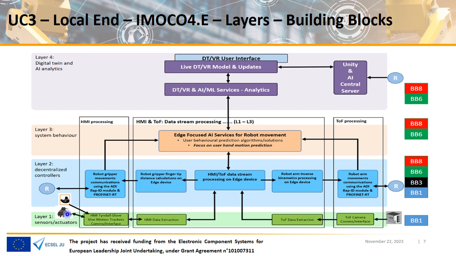So here layer 1 is the sensor feeds, layer 2 is where the data is processed, and there's certain aspects of AI introduced here, but primarily we keep the behavior aspects of our platform at the local end. So there is applied AI analytics which are deployed into the robotic teleoperation platform at layer 3.